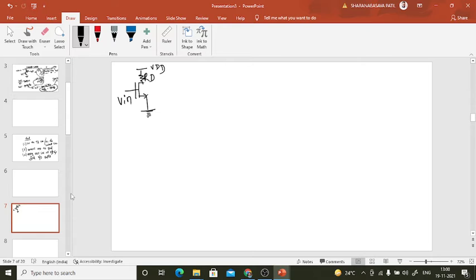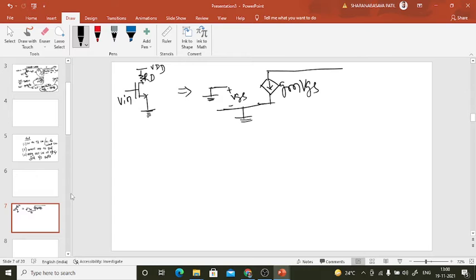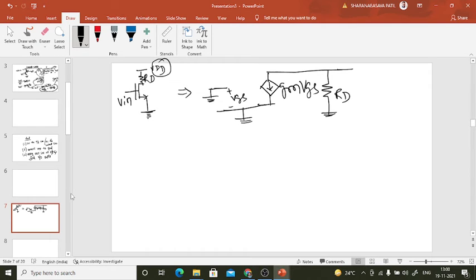This is V n. So to find R out, what I said, connect V in to ground, and source is already grounded. This is the voltage dependent current source, and we are taking output across RD, and I said VDD must be grounded.